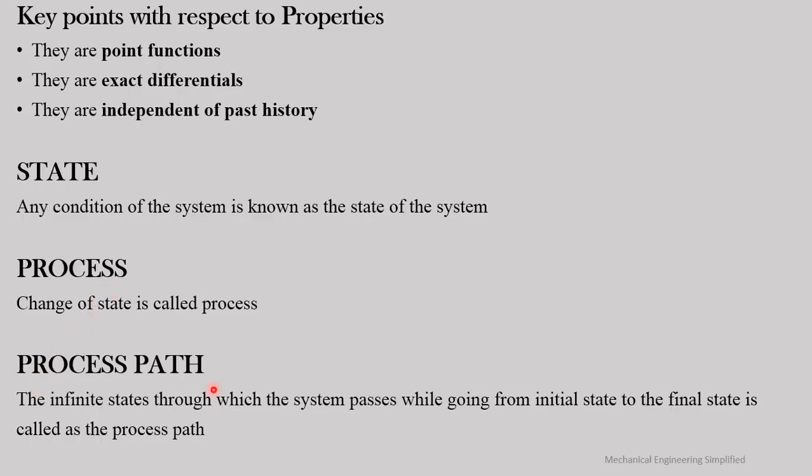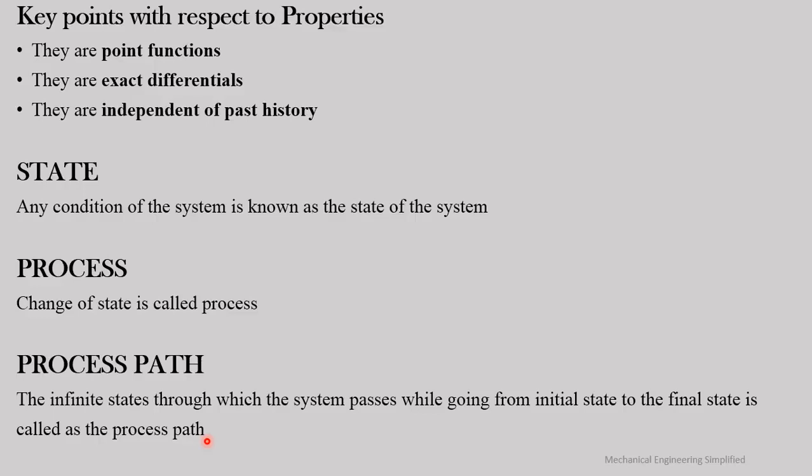And what is the process path? The infinite states through which the system passes while going from initial state to the final state is called the process path. We have state 1 and we have state 2, and the infinite states through which the system passes while going from initial to final state is known as the process path.